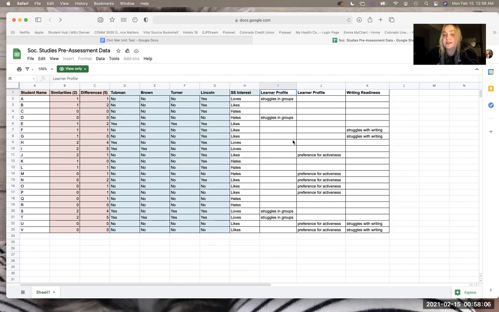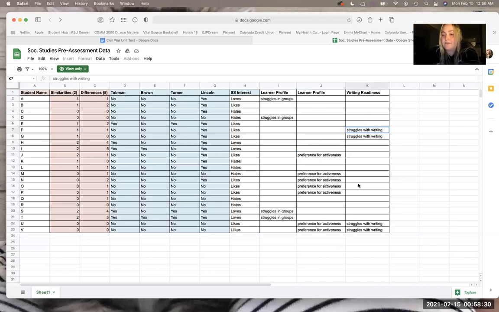So I would try to provide multiple options for students. I would make independent work and group work optional, so they have that choice of what they would want to do, as well as activeness. I would try to make it interactive and something that these kids would really enjoy.